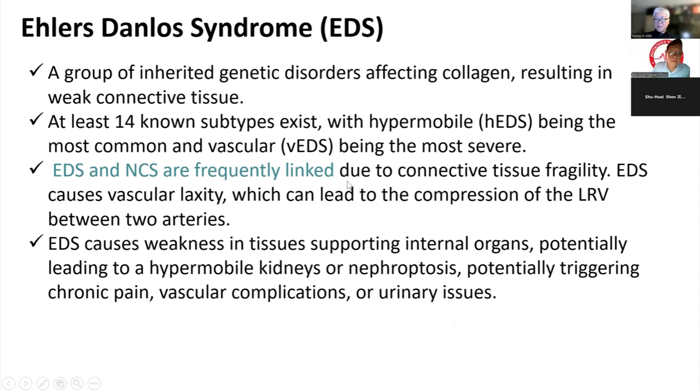It's frequently linked to connective tissue fragility causing vascular laxity, which can lead to compression of the left renal vein between the two arteries. EDS causes weakness of tissue supporting internal organs, potentially leading to hypermobile kidneys or nephroptosis, potentially triggering chronic pain or vascular complications or urinary issues.